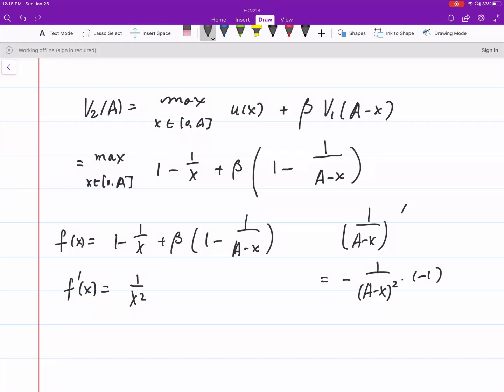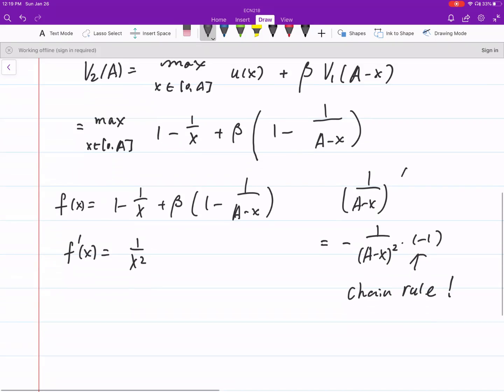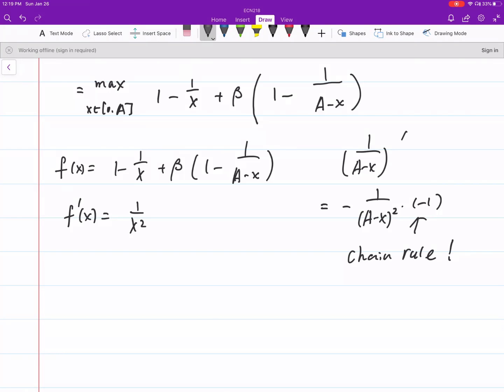This is important because of the chain rule. We always need to remember the chain rule. And because of another negative sign in front, we have negative beta, and negative becomes positive, over A minus x squared. Okay, so that's the one we have. Now we're going to try to see if we have a solution in the interval.